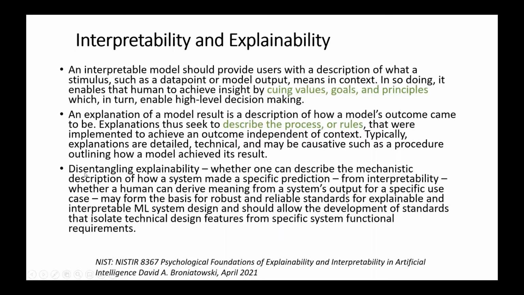So, disentangling explainability, whether one can describe the mechanistic description of how a system made a specific prediction, from interpretability, whether a human can derive meaning from the system's output for a specific use case. These are the major differences between interpretability and explainability.